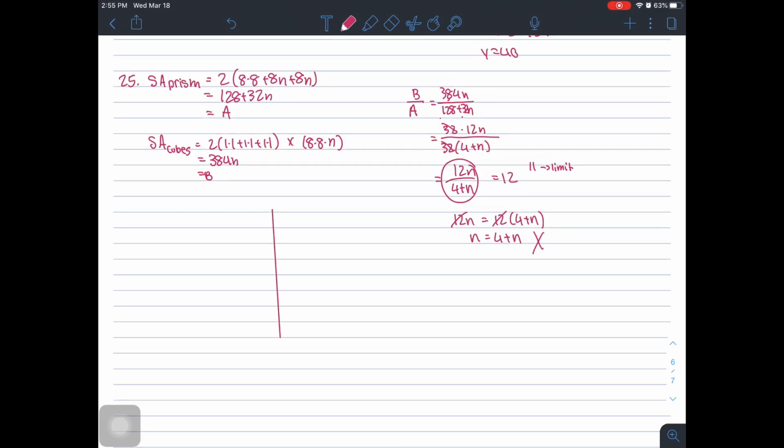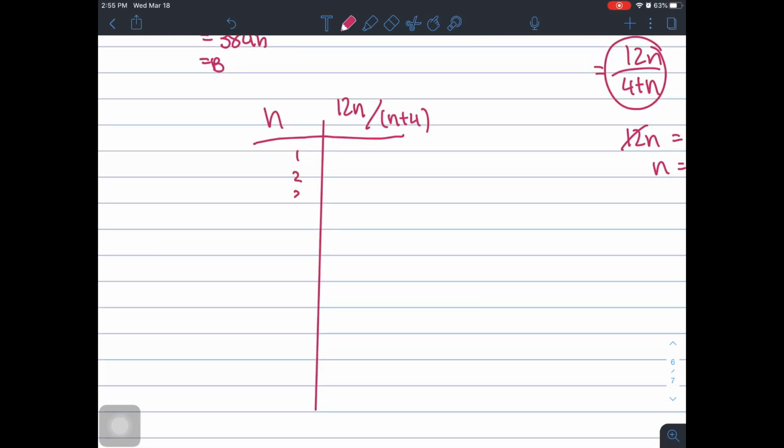So from there, you can create a table with n on one side, and then 12n over n plus 4. And you plug in n as 1, 2, 3, 4, 5, 6, 7, 8, 9, 10, 11.